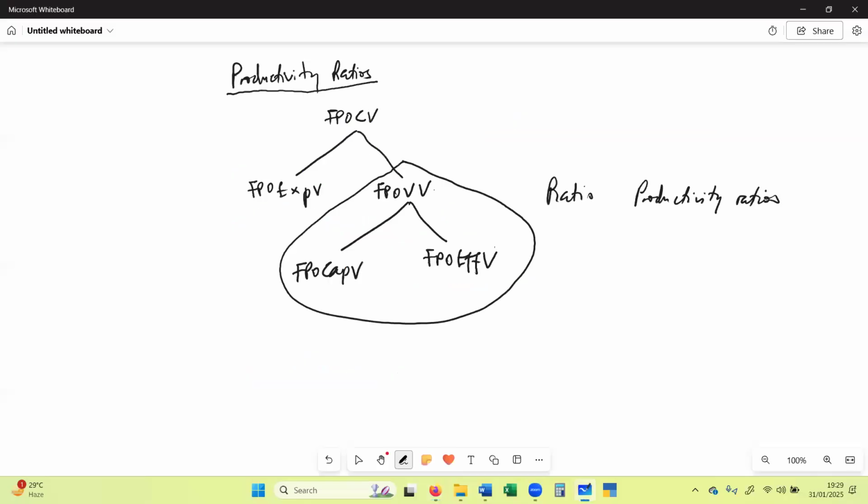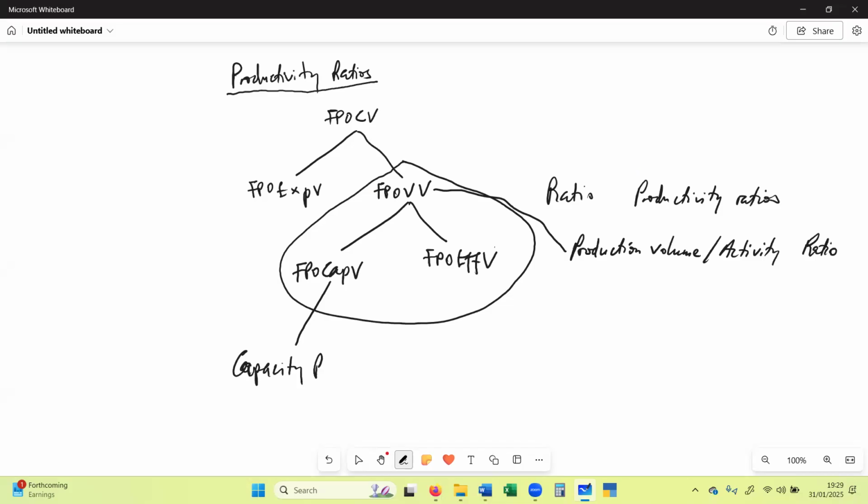The volume, we call it production volume or activity ratio. The capacity, we call it capacity ratio.